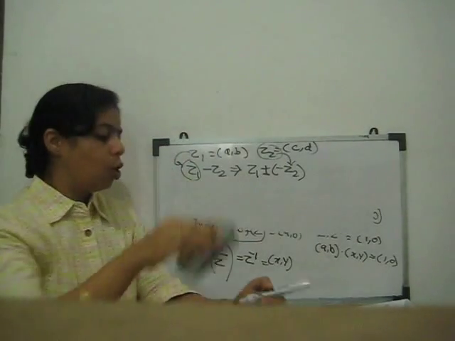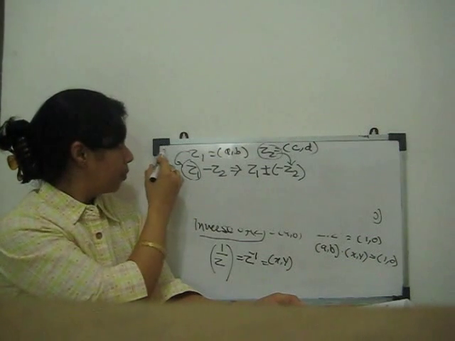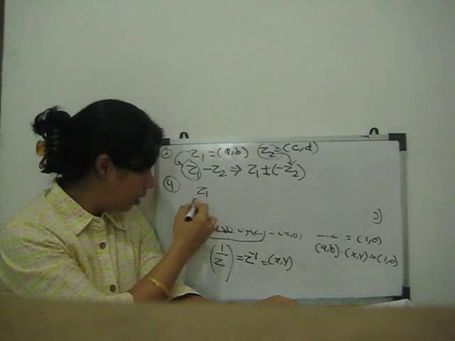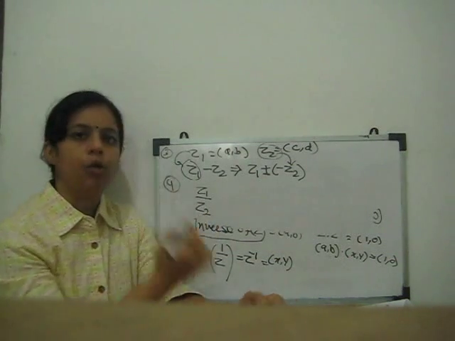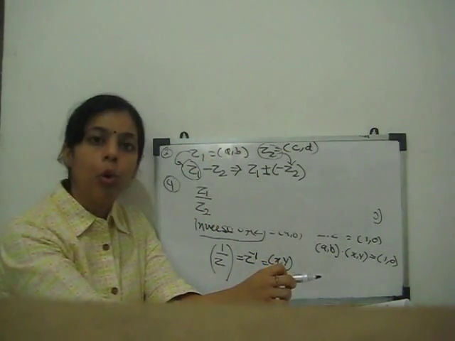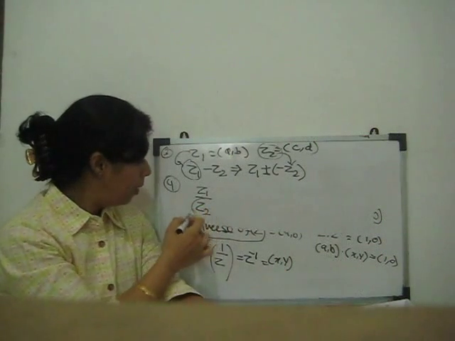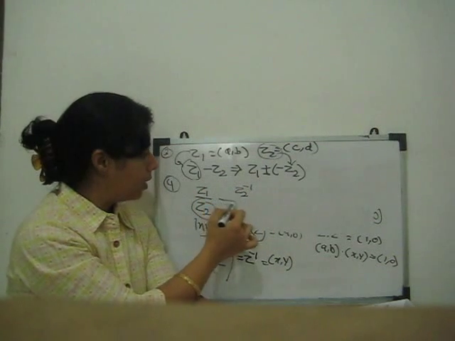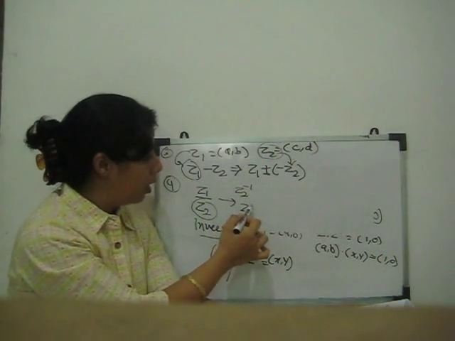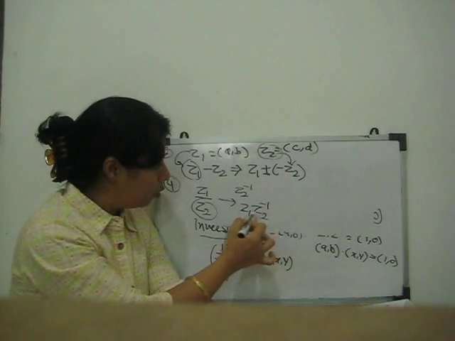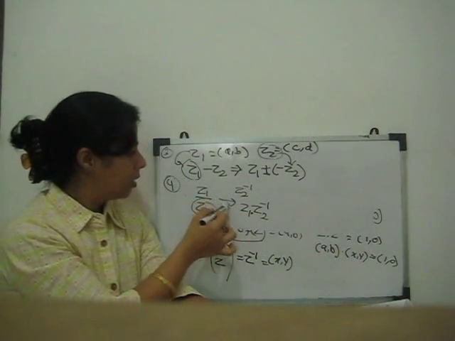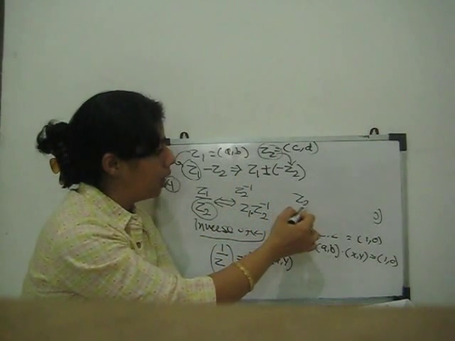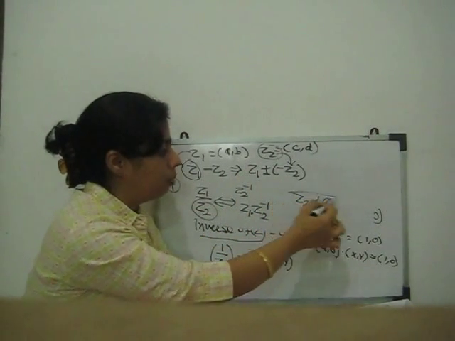Next is the quotient or division. The fourth operation is the quotient, z1 divided by z2. If z1 and z2 are two imaginary numbers, then first we have to find the inverse of z2, and then multiply z1 with the inverse of z2, where the condition is that z2 is a non-zero number.